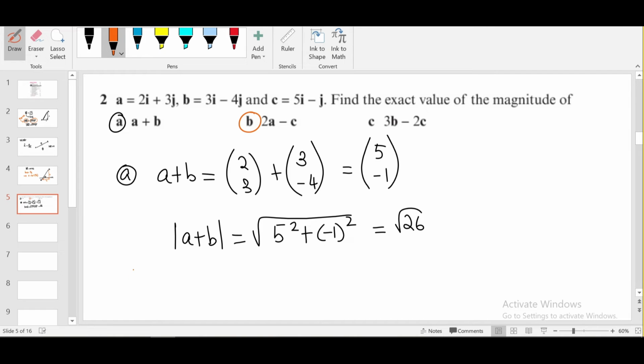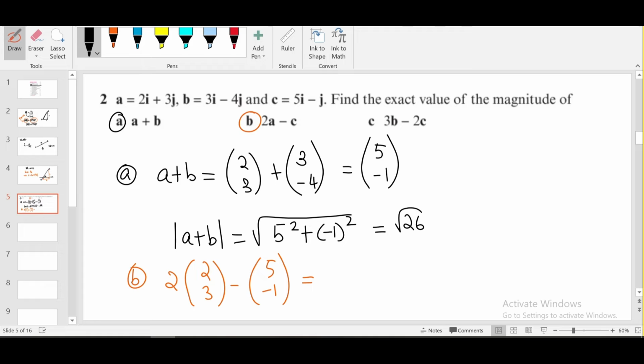For B, you find 2A minus C. You have to multiply by 2. So you'll get 4 minus 5, 6 plus 1, isn't it? Negative 1 and 7, right? Understand?